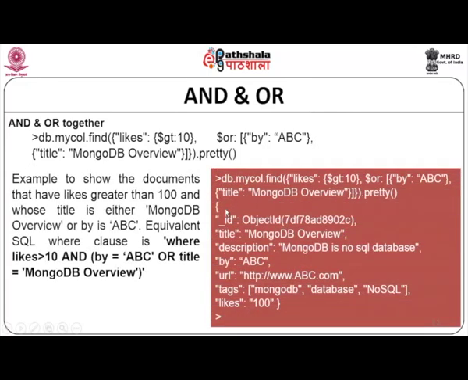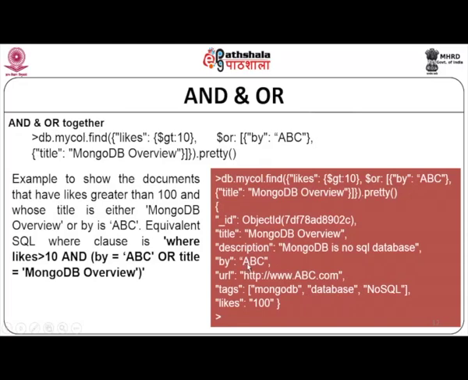So, if you execute the query, it is going to display a particular document where the likes is greater than 10. So, here you can find the likes in the document is 100, which is greater than 10, and you can also find the document has the title MongoDB overview, and by fortune this document is also created by ABC.